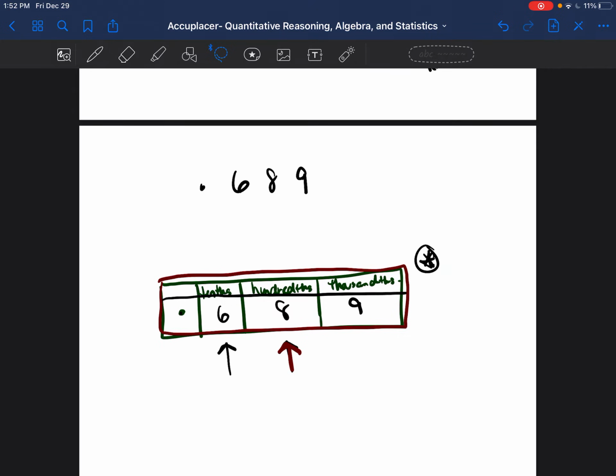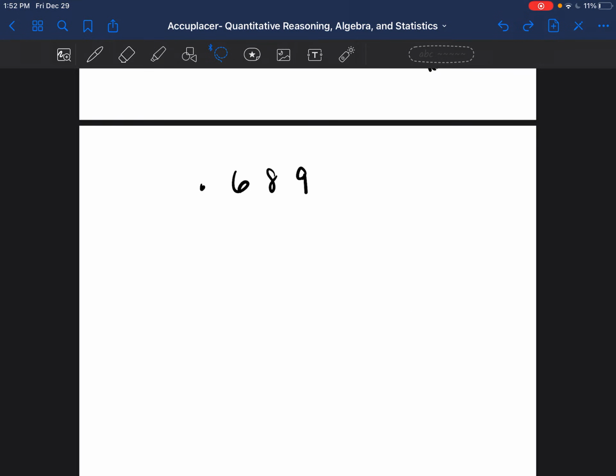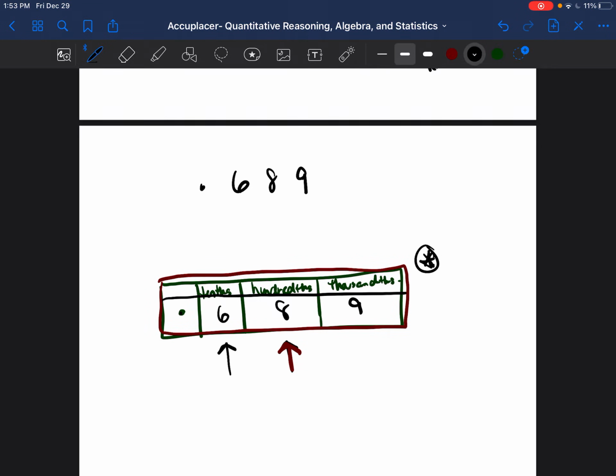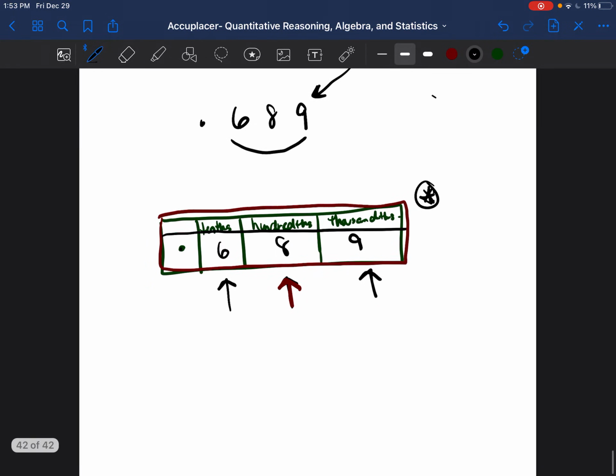So how do we read this? Very simply, we read this whole number like we would read any number, 689, and then we just add the place value word of that last digit. The 9 is in the thousandths place. So the way we would read this is 689 thousandths.